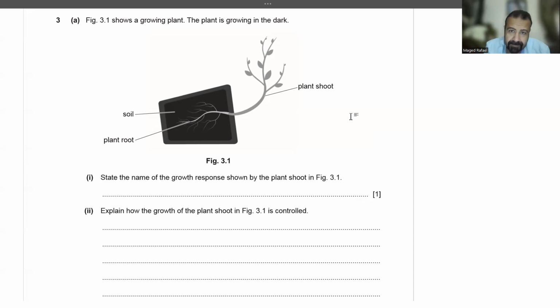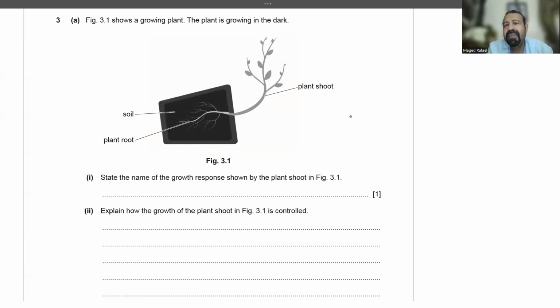Don't always link it to the shoot growing towards the light. This is a fact when we have light. But if we don't have light, a tip in the head of the question is that we have a dark area. The shoot will grow away from the gravity, so there is a negative gravitropism response from the shoot.